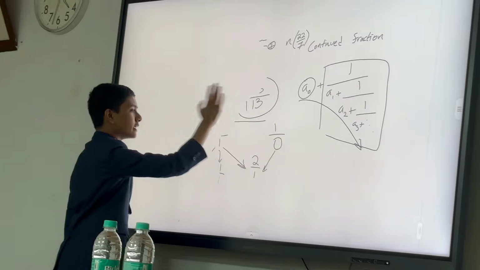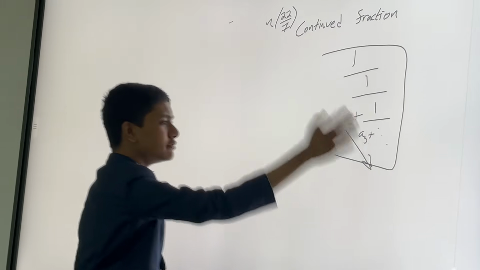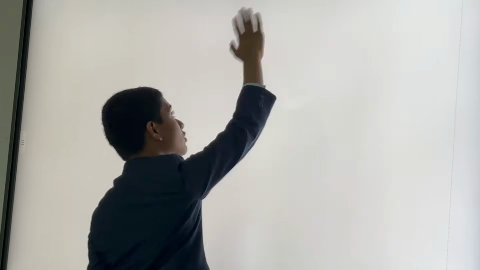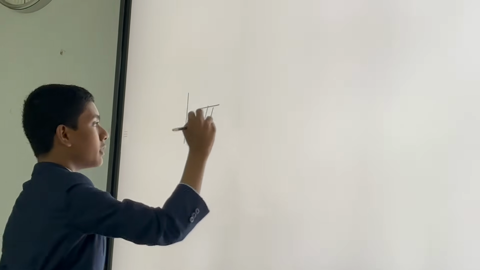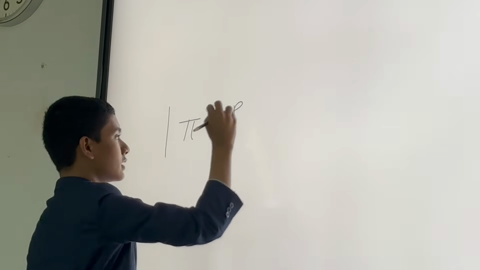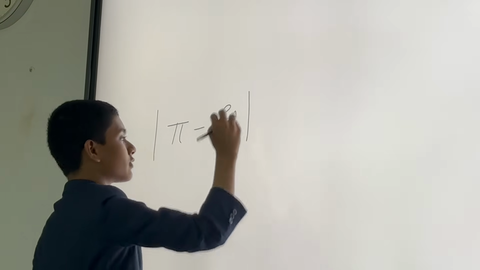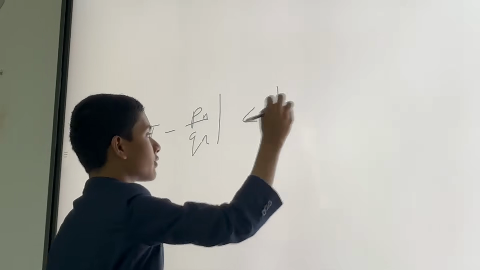But what else are continued fractions really useful for? Well, let's go back to that measure from earlier of how good an approximation was. We wrote something like pi minus p over q, or pn over qn, is less than 1 over qn.